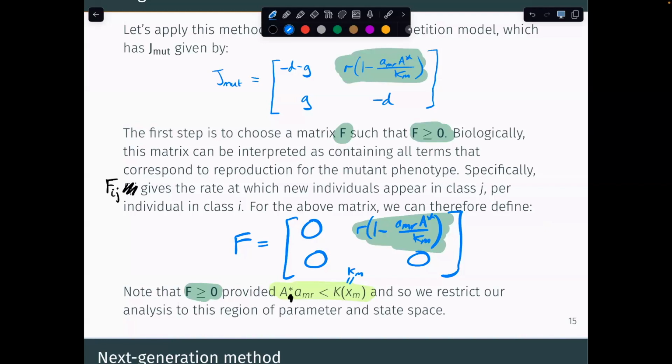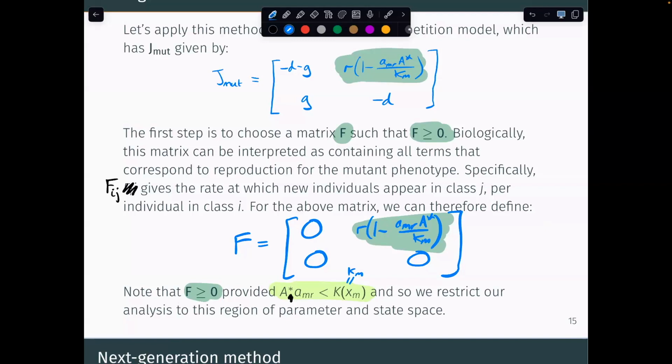And the second part down here about F being greater than or equal to 0, we are necessarily restricting ourselves to values of A star where this is necessarily restricted there anyway, because otherwise A star can't be greater than KM over AMR, because otherwise it would be negative.